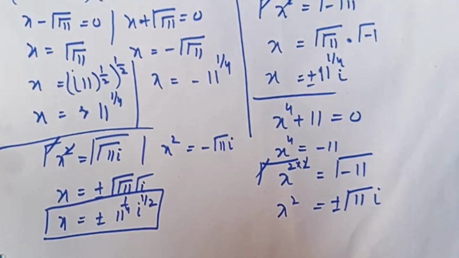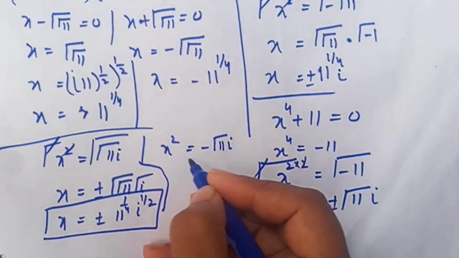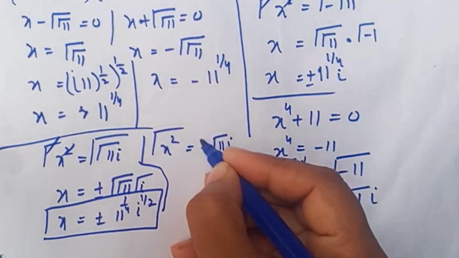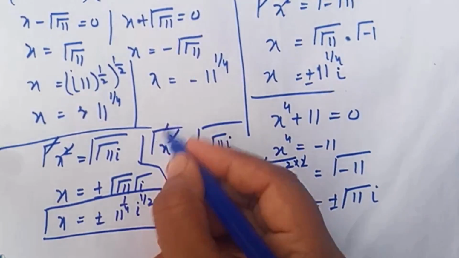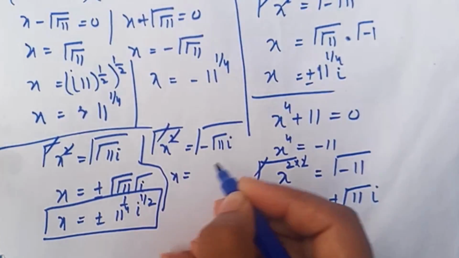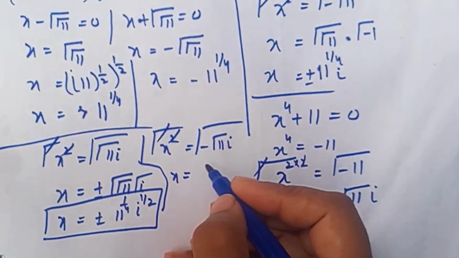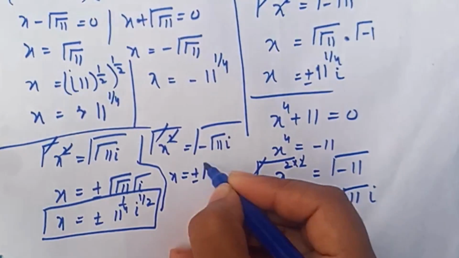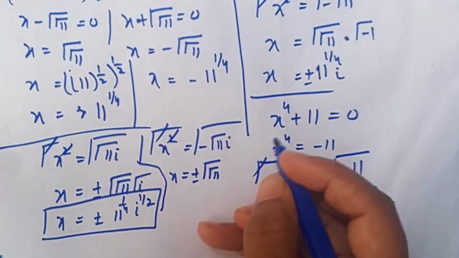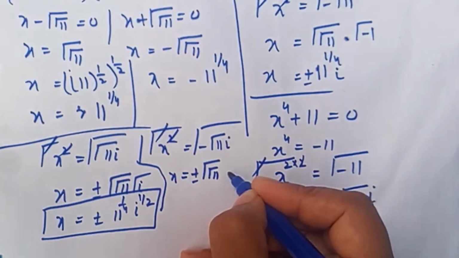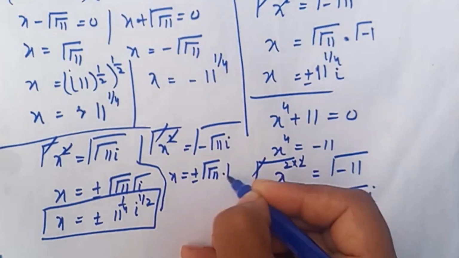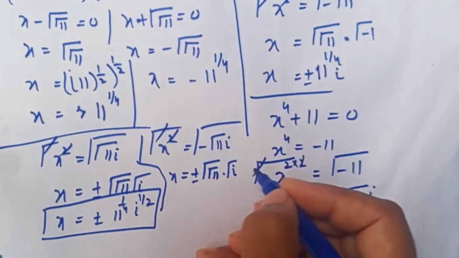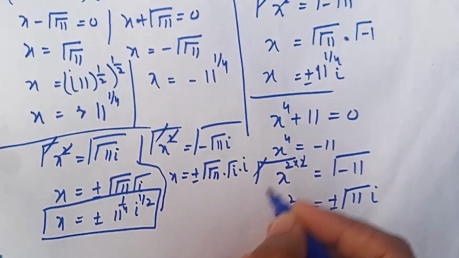And now look at this part. So we take a square root on both sides. So this square and square cancel, we just get x is equal to, we write this value as plus minus square root 11, and this will become multiplied by square root iota, and this minus will become just iota.